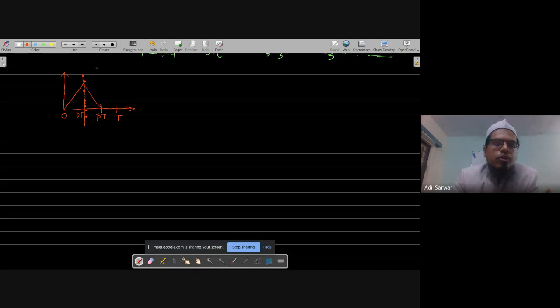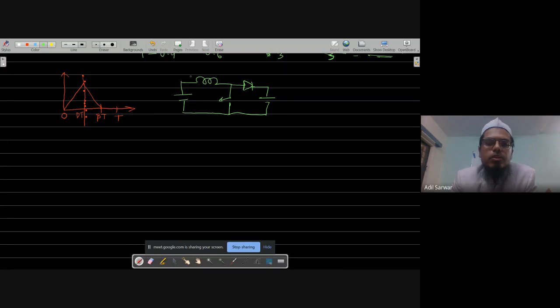From 0 to DT, in the boost converter, the switch is on, and the current is flowing through the inductor. The diode is not conducting, so the current is rising. So from 0 to DT is the time when the switch S is on, while from DT to βT is the duration in which the switch S is off.